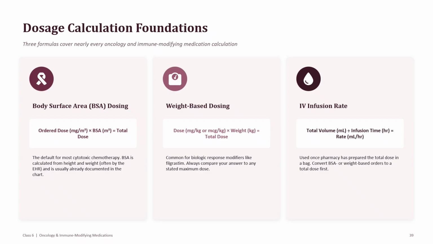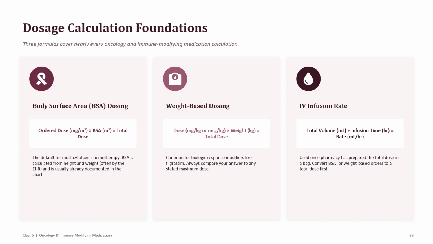Luckily, BSA itself is usually already calculated and in the chart based on your patient's height and weight. So your job then is just to apply it correctly when you're doing your dosage calculation. Weight-based dosing is simpler and shows up with a lot of biologics like filgrastim.